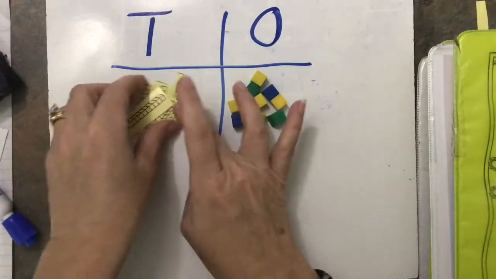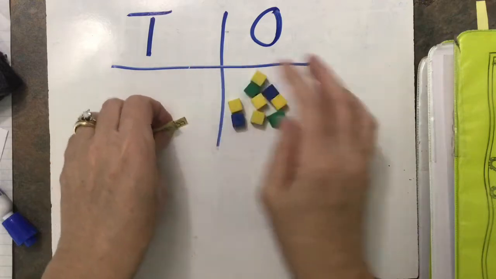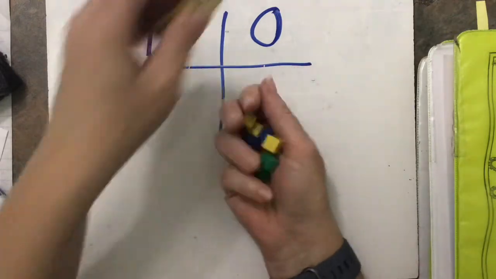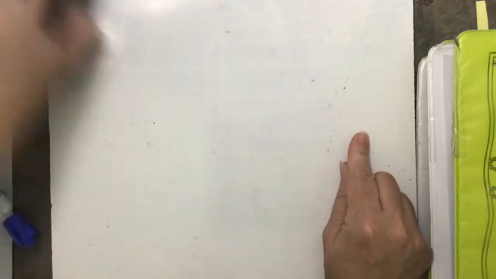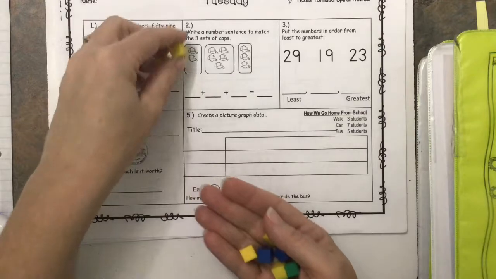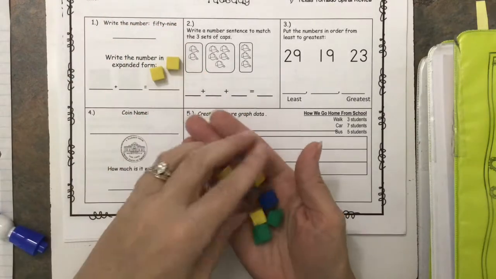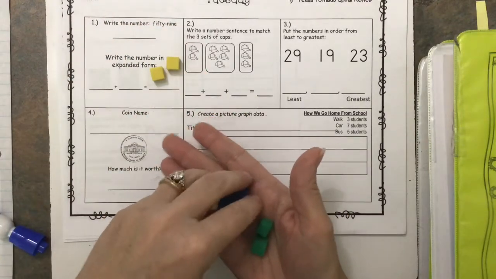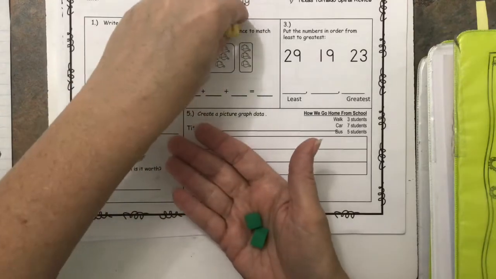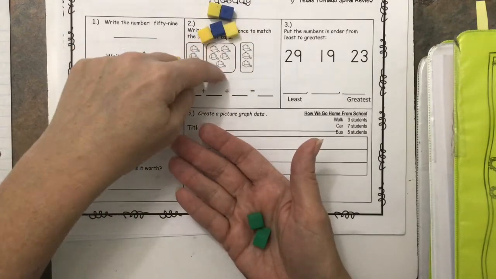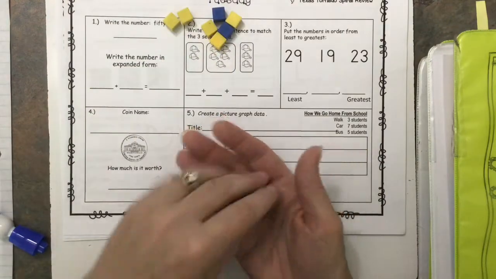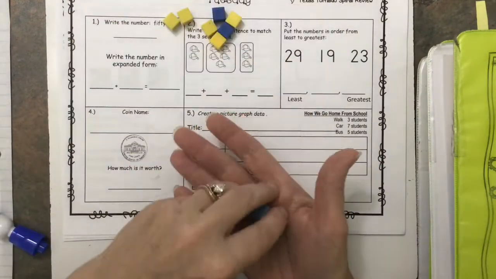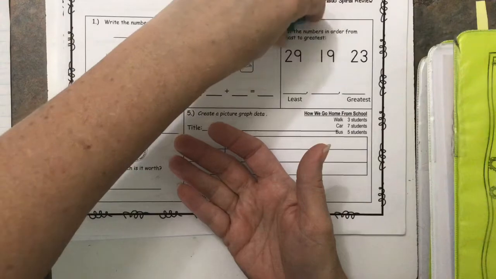You can use your counters that you've got at home, like beans or macaroni, something like that for the next problem. The picture shows 2 in the first box, 1, 2, 3, 4, 5 in the middle box, and then 1, 2, 3 in the last box.